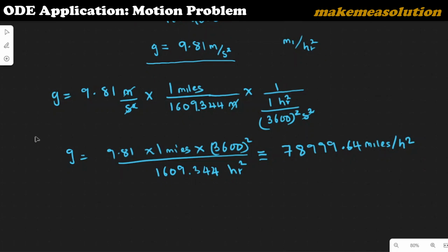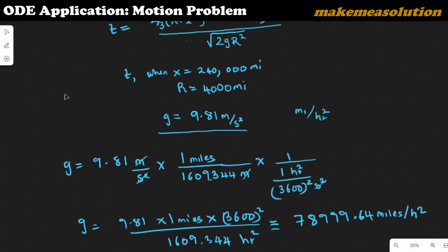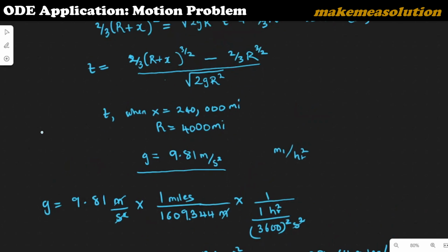So what do we do with it? We're going to use it in this particular equation over here, with g in miles per hour squared, r in miles, x in miles, and so on.